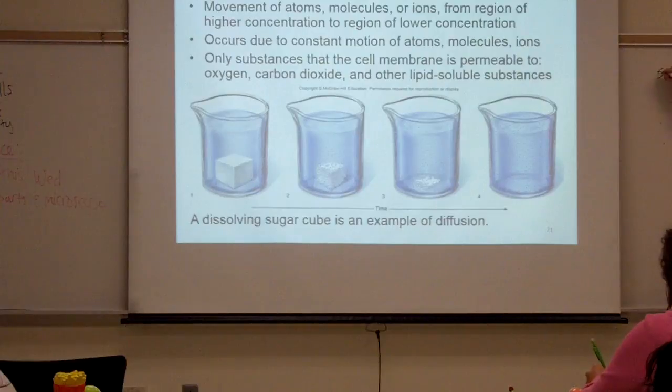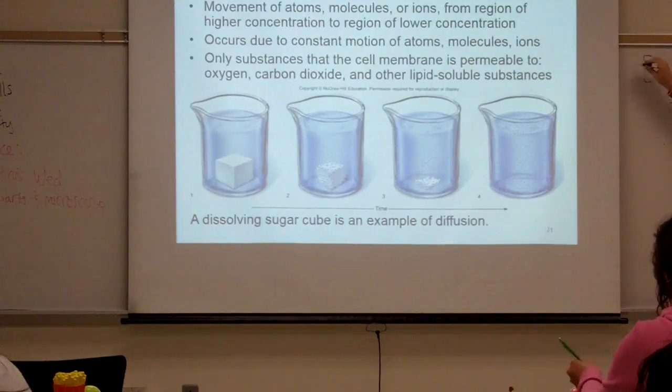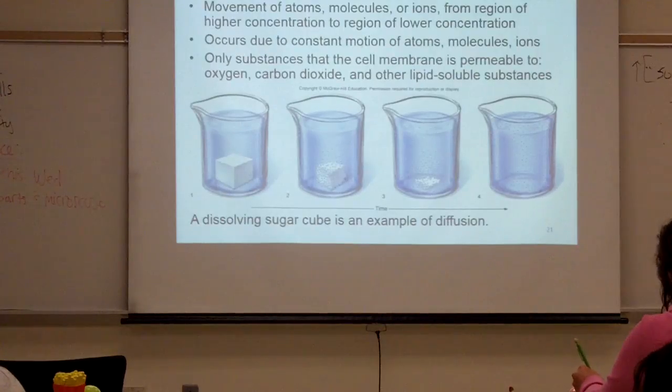When we talk about stuff, we're talking about a solute. Just think stuff. There's a high concentration of solute out here. Brackets mean concentration. There's a low concentration of solute in here. Once again, brackets mean concentration.